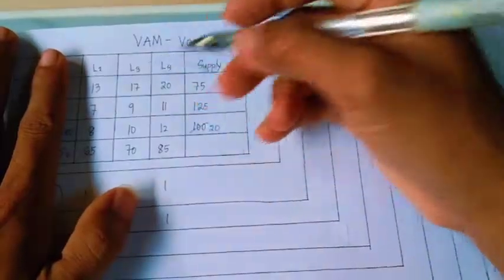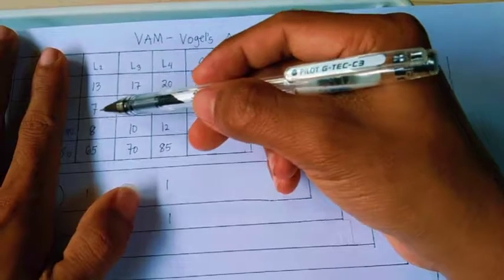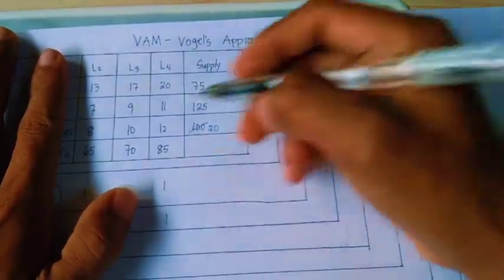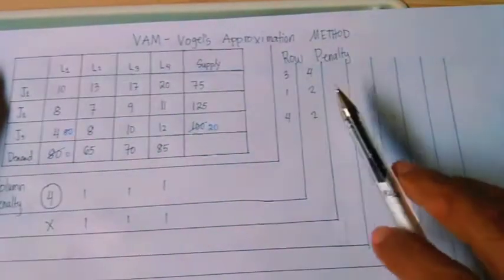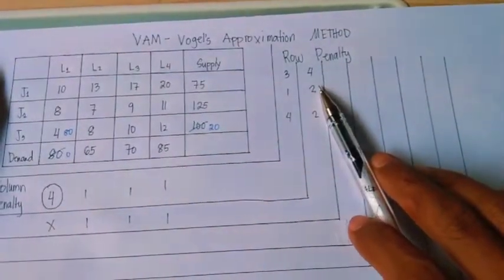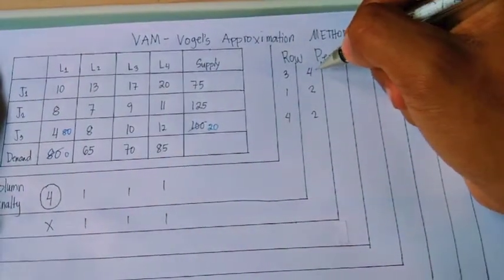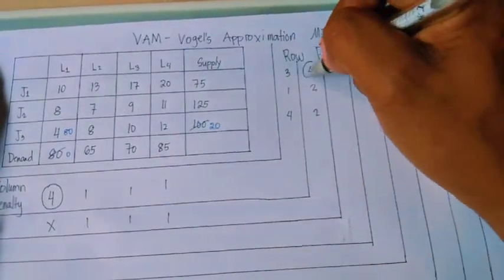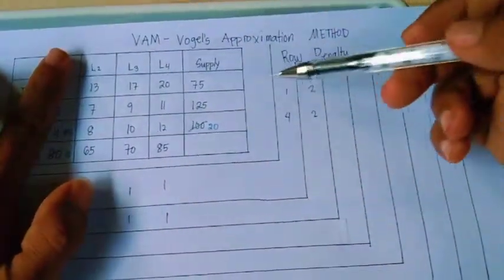So 17 minus 13 is 4. 7 minus 9 is 2. 8 minus 10 is 2. So we will find now the greatest penalty. Since this is the greatest penalty, which is 4, we will encircle it and move on this column.